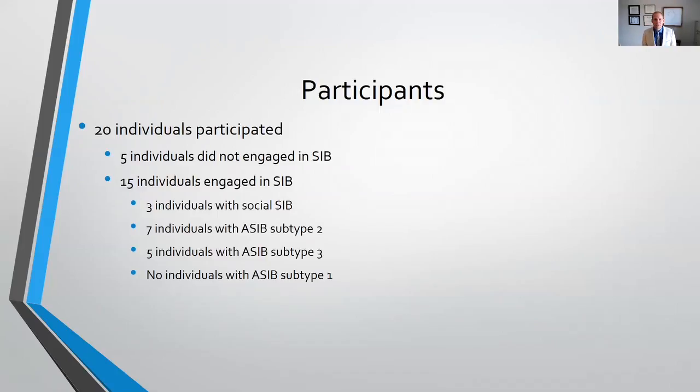There were no individuals with subtype 1 automatically maintained self-injurious behavior. The reason for that is, as I mentioned, they are more treatment responsive, and we are in a fairly treatment intense environment, so they likely were treated prior to getting to someplace like the neurobehavior unit.